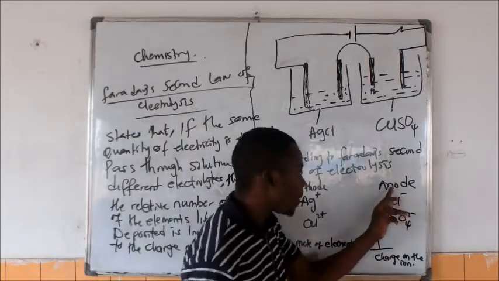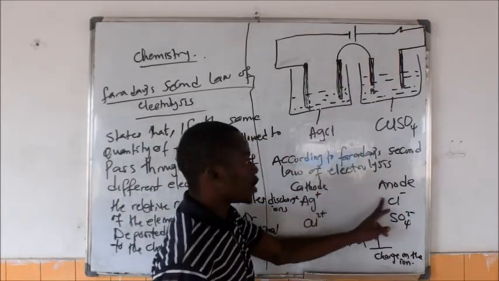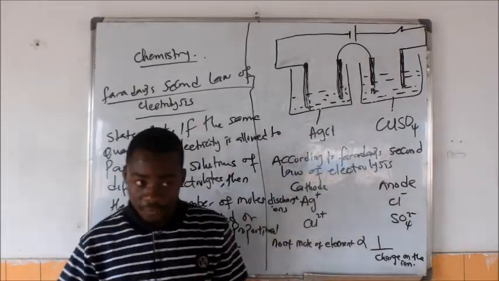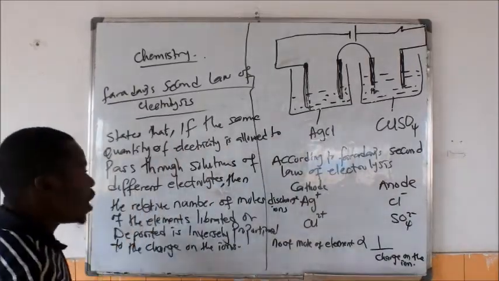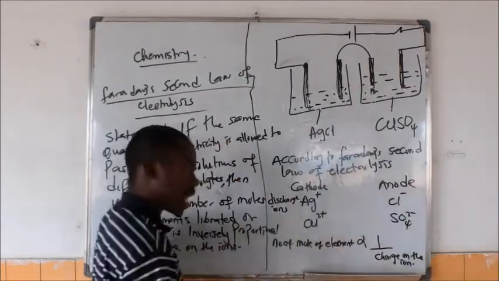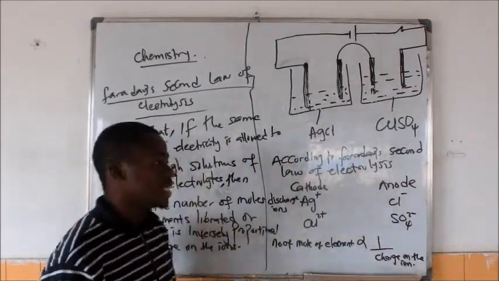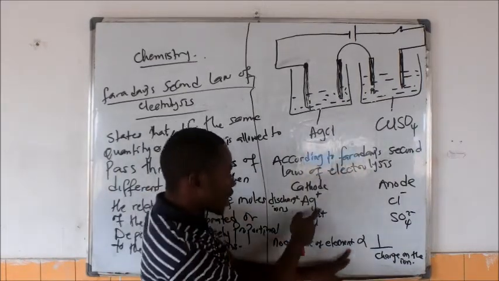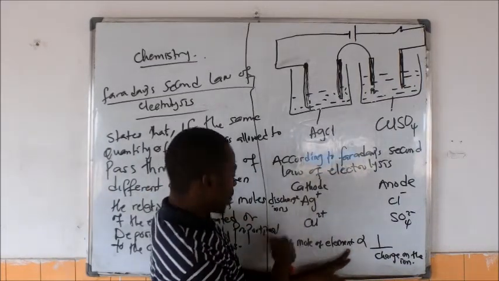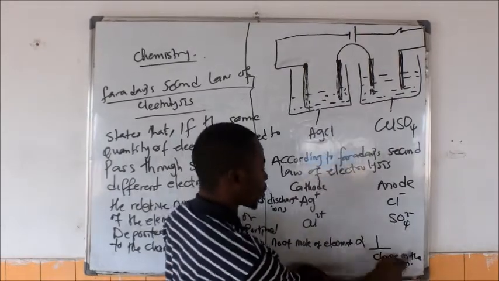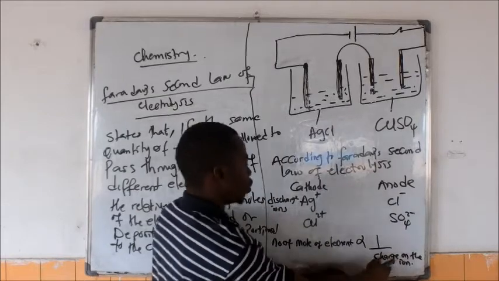And at the same time, at the anode, let's say it's chlorine minus that got discharged, and SO4 minus that got discharged, for example. Here we have chlorine minus discharged at the anode, and SO4 discharged at the anode. You can then say that the number of moles of silver is inversely proportional to the charge on the silver.